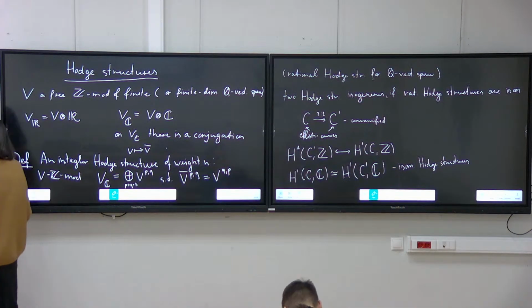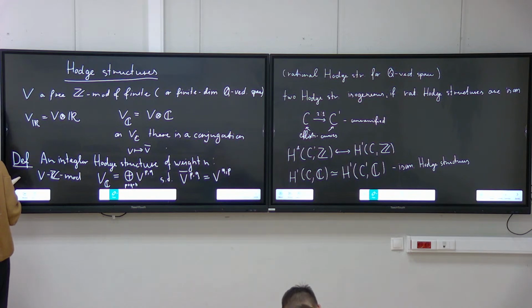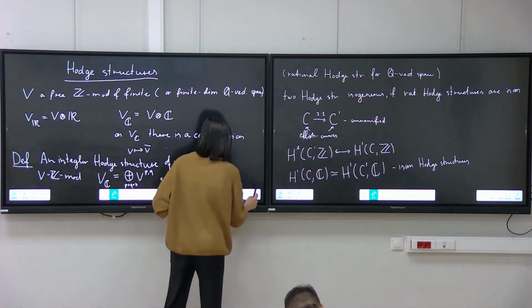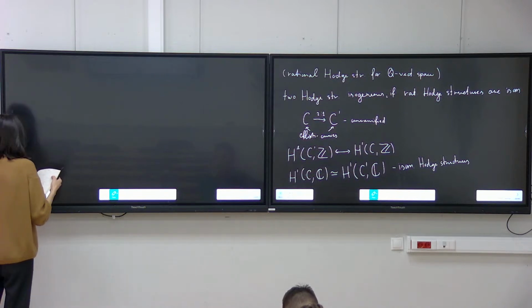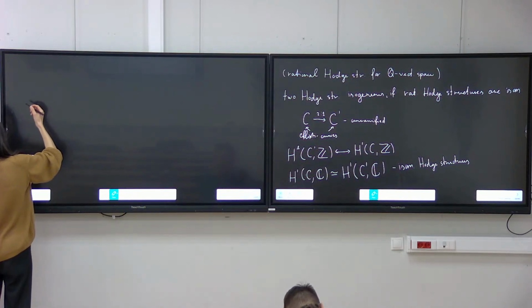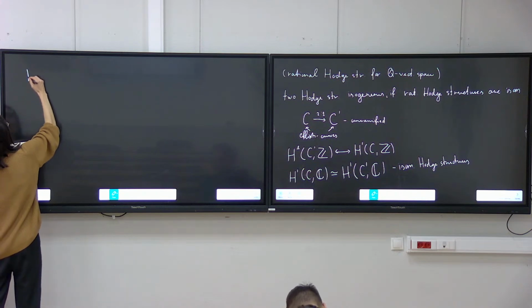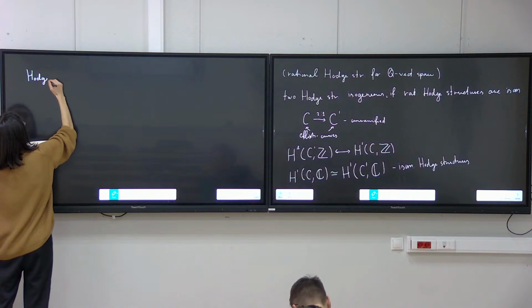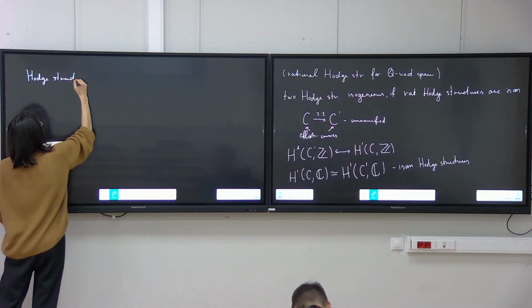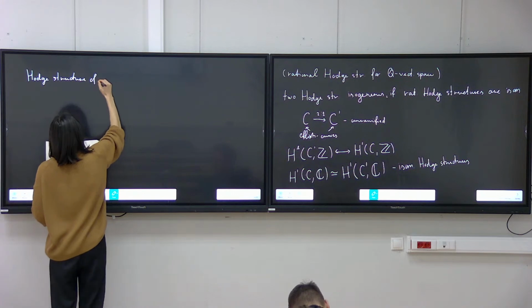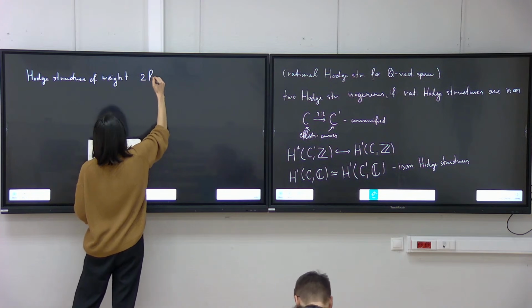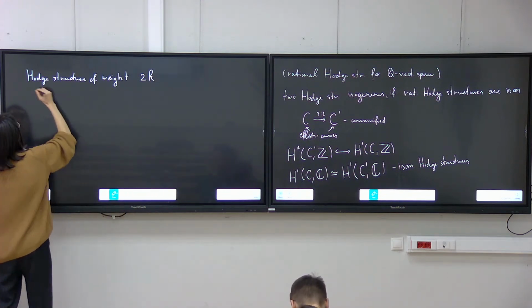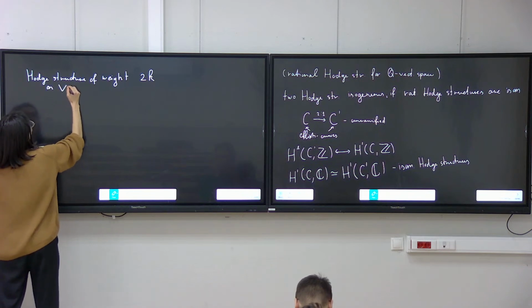And now, let me explain the notion of Hodge classes. Suppose we have a Hodge structure of some even weight, 2k.